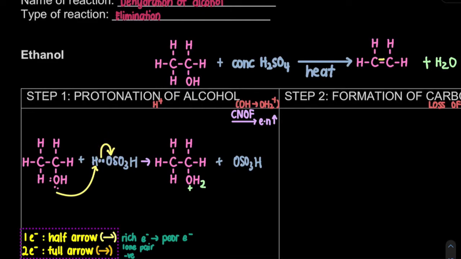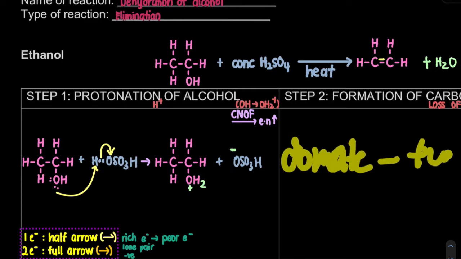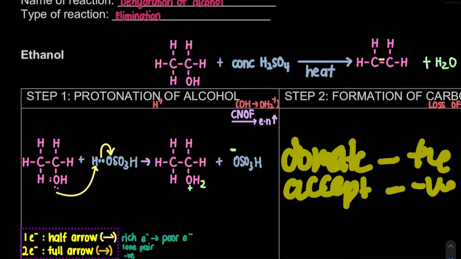So once it accepts electron, it will become negatively charged. The negatively charge must be towards oxygen. Oxygen is the one containing the negative charge. Remember, donate: when it donates, the electron becomes positive. If it accepts electron, it will become negatively charged.